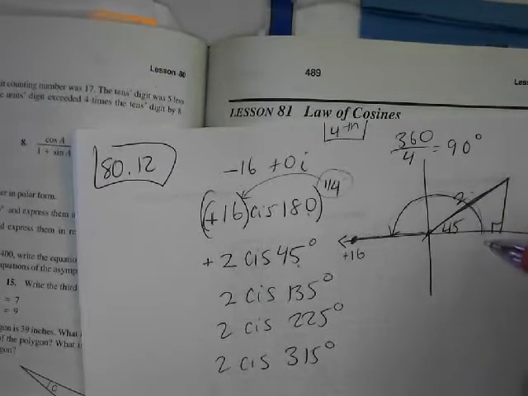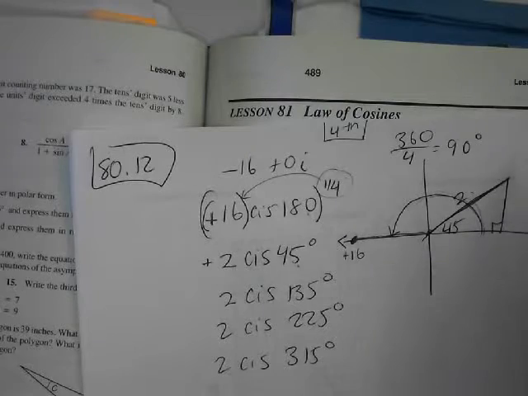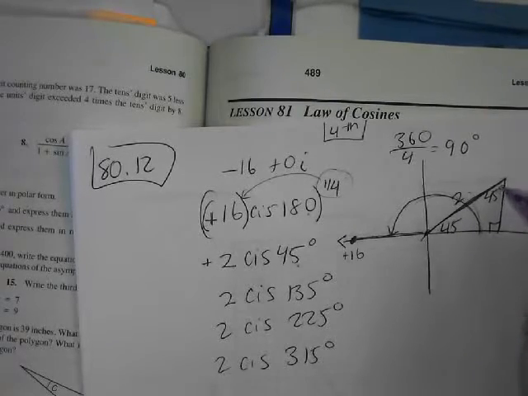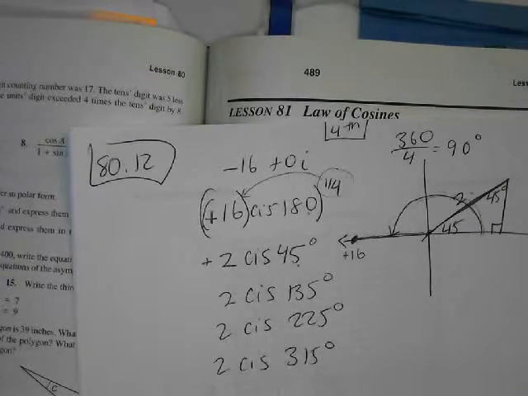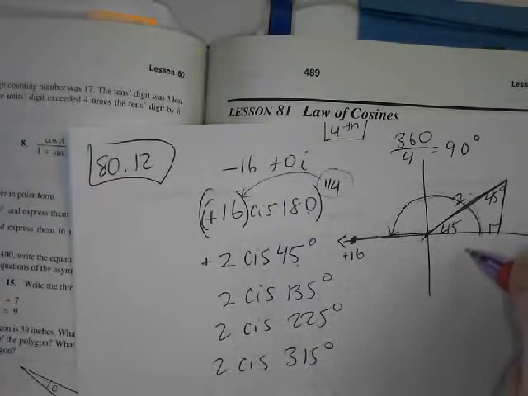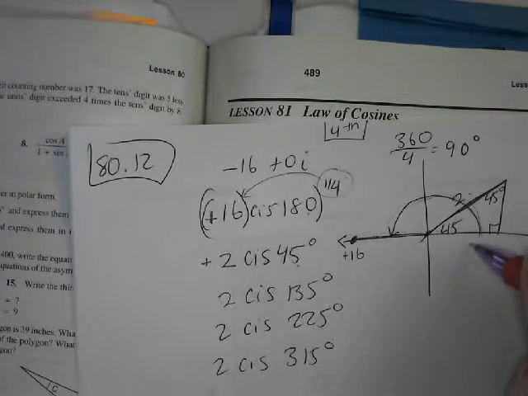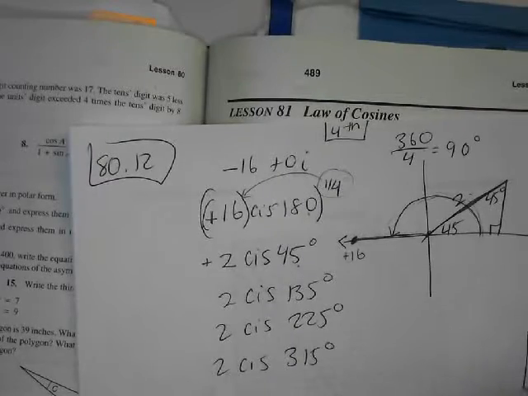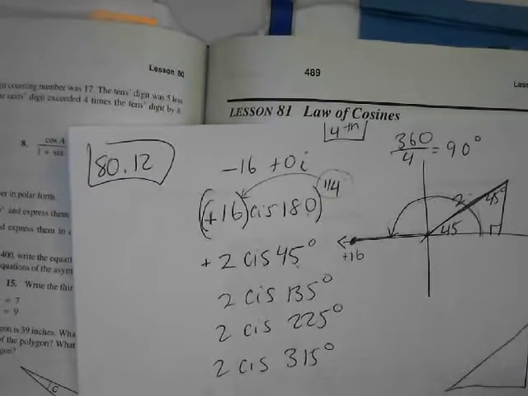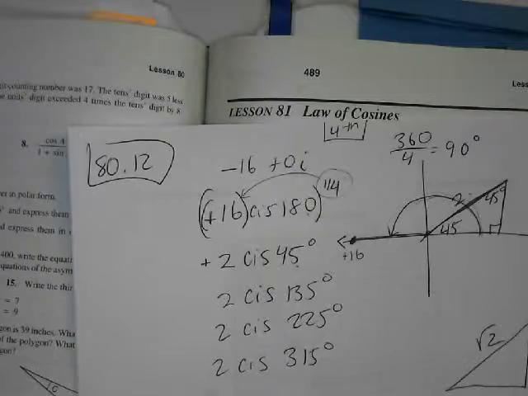So if that's 2, that's 45, 45. Why am I having a hard time with this?